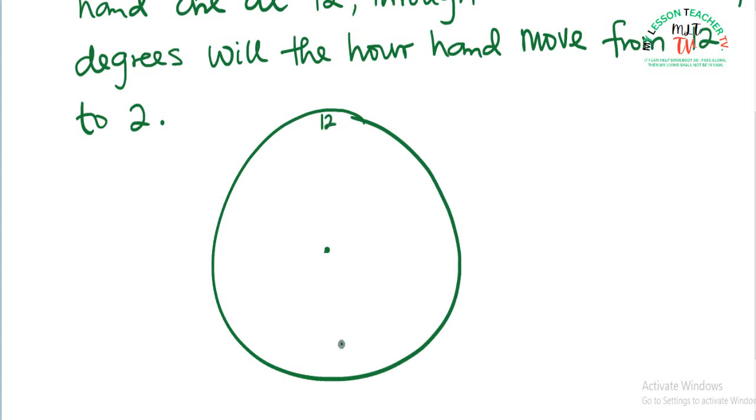If this is 12, 6, 9, 3, I have 1, 2, 4, 5, 7, 8, 10, 11, and initially both of them are here. So what the question is actually saying is, how many degrees will it move to become 2 o'clock?